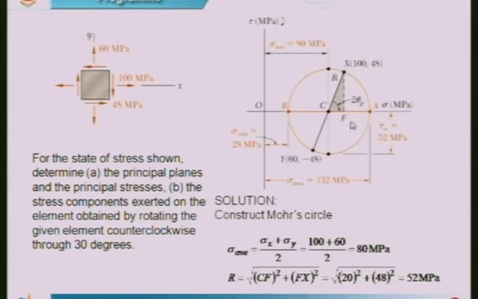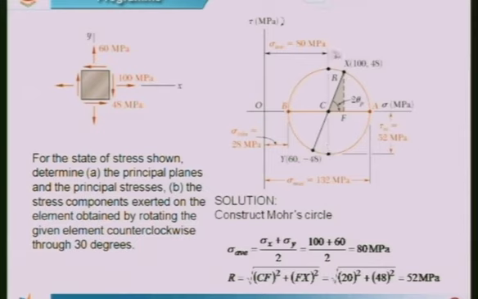Now, to get the principal planes, measure the angle from CX to the x axis, which corresponds to 2 times the principal plane, that is 2 theta p, which is indicated here. To get the maximum shearing stress, it is the radius of the circle, from C to this point, which is nothing but 52 megapascals.